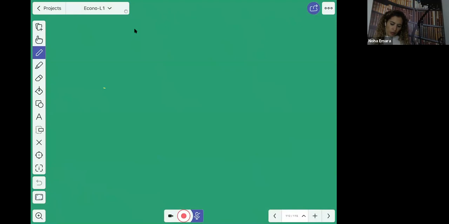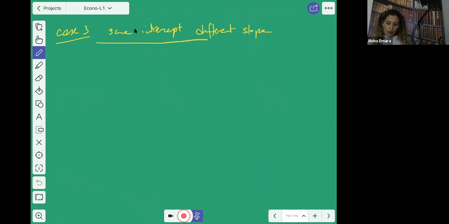Now, what about case 3, where I have the same intercept, different slope? Okay, same intercept, different slope. So in this case, let's have a model where yi is beta naught plus beta 1 xi plus beta 2 xi times di plus ui.